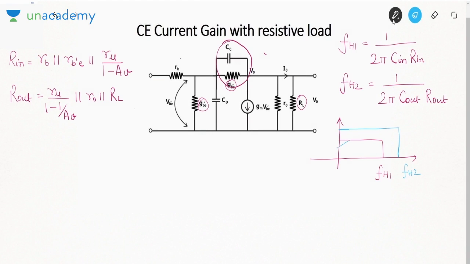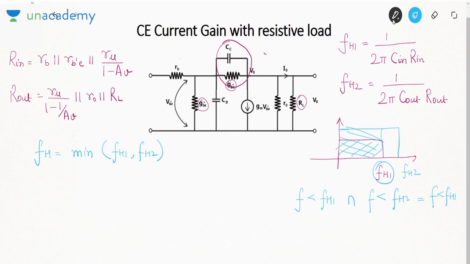One frequency says it will pass all frequencies below FH1, the other says below FH2. So we have to take the intersection. Which is the intersection? This region is the intersection. That means we have to take the frequency which is smaller of the two. So I'll say FH is the minimum of FH1 and FH2. Is my point clear to you guys? So you have to take the minimum in case of upper cutoff frequency and the maximum in case of lower cutoff frequency.